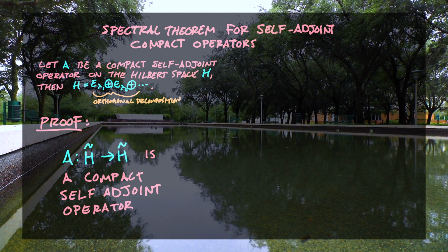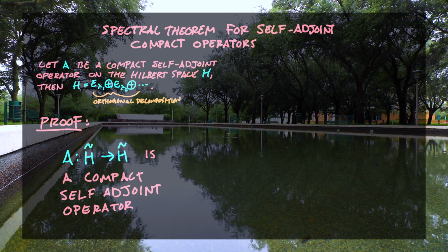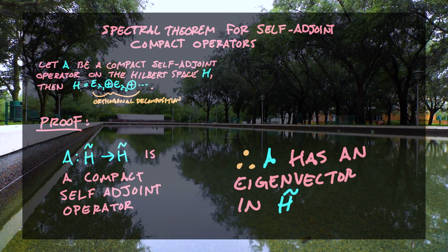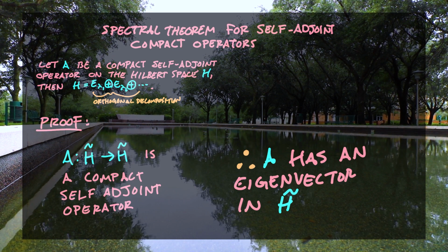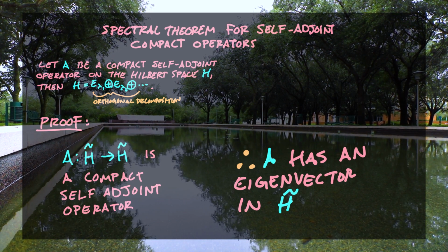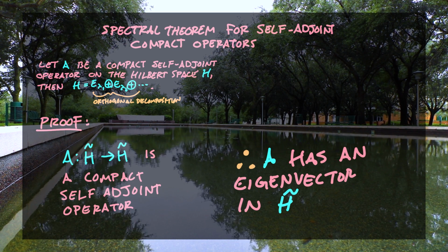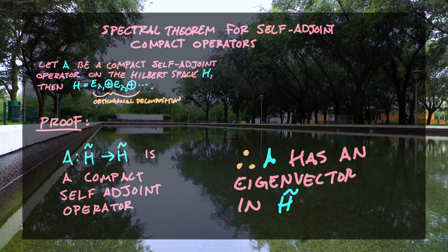But since A is a compact operator on H tilde, there has to be an eigenfunction in H tilde for A, or else H tilde is just the 0 function. Since we know that H tilde can't have any eigenfunctions, H tilde must be just the 0 subspace.